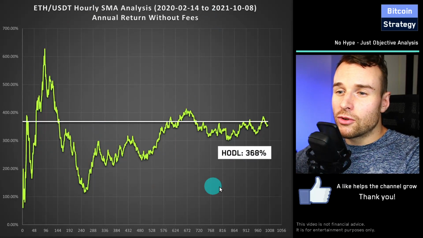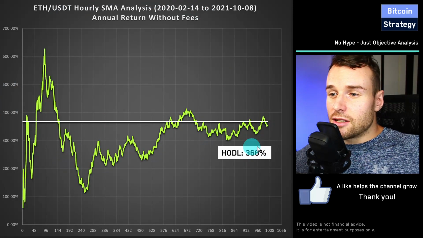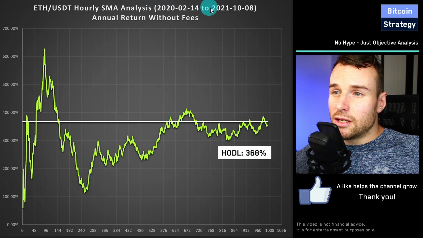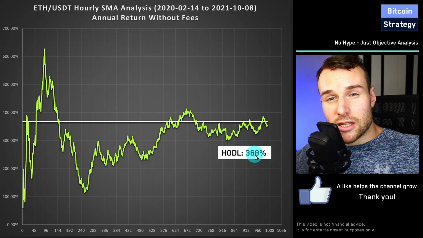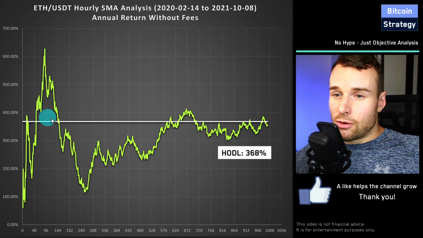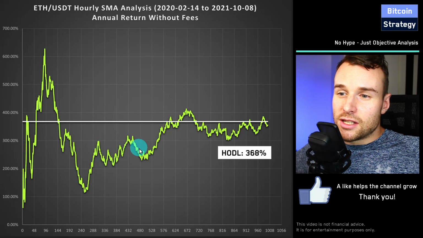And here we've got the backtesting results for the return. So if you bought and held Ethereum in that time period, the 14th of February last year to today, you would have gotten 368% per annum. And that's now the white line over here. That's what you would have gotten just by buying and holding. Now, what's also interesting is that there's quite a few moving averages here that underperform buying and holding.